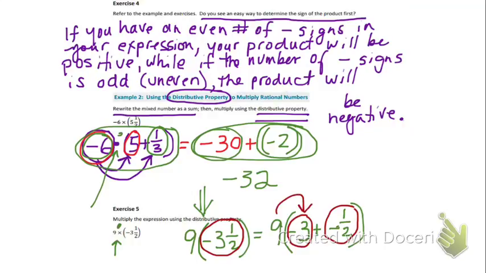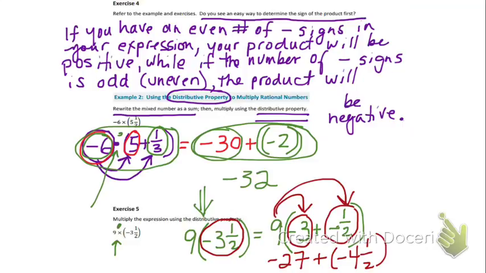So if I go ahead and do this, I know 9 times -3 is -27. I'm going to add that to 9 times -1/2, which is -4.5.